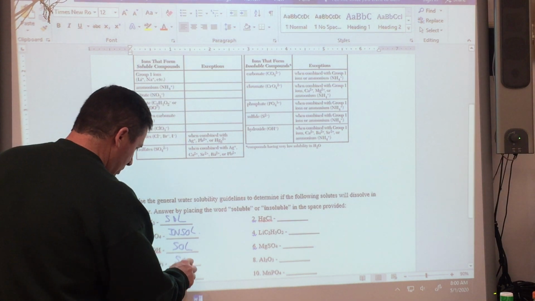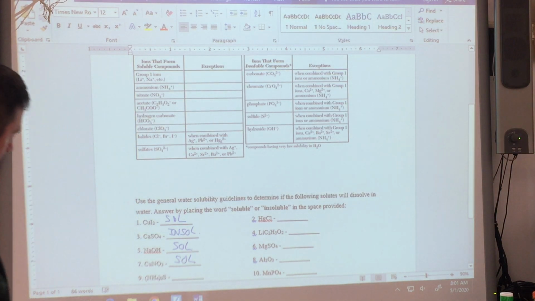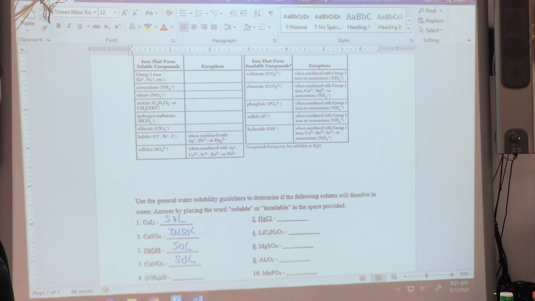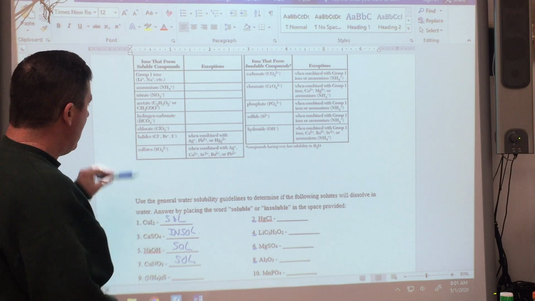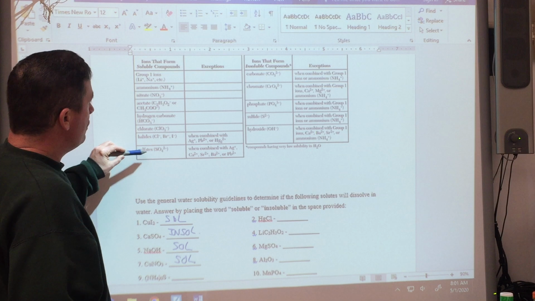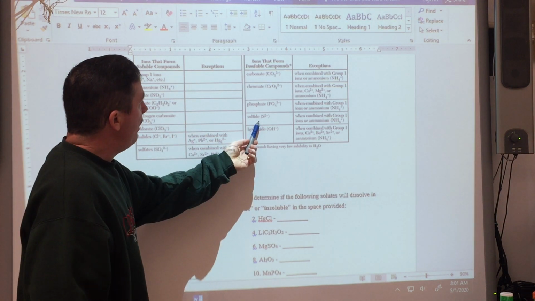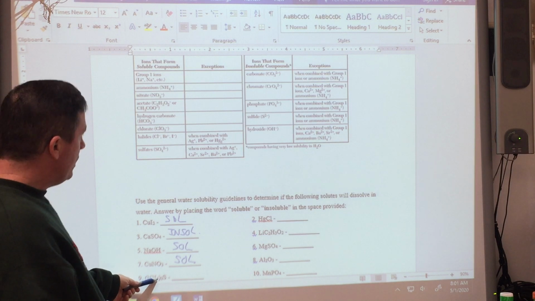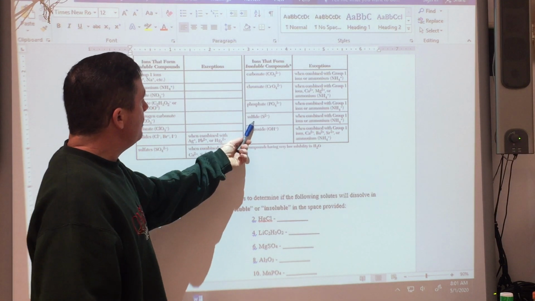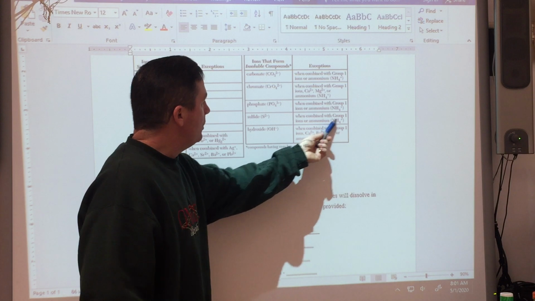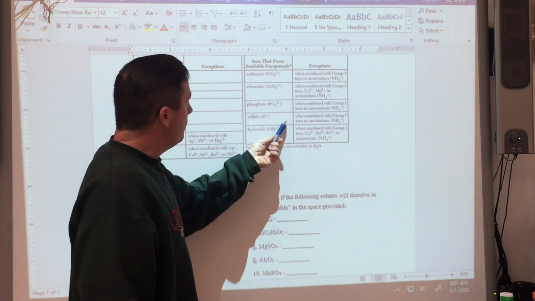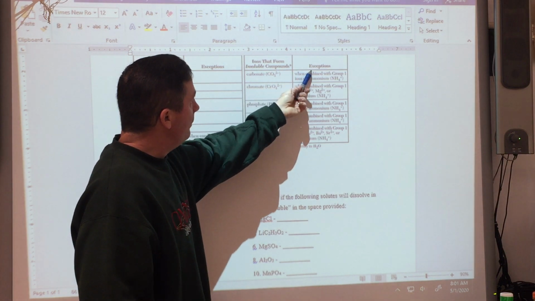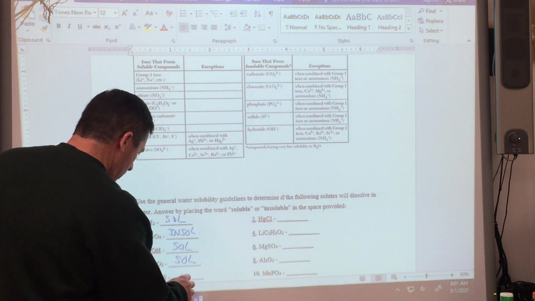So this is soluble. That says ammonium sulfide. So sulfides are not the same thing as sulfates. Sulfides are over here. Sulfides are insoluble, and ammonium is an exception. So when combined with group 1 ions or ammonium, this is an exception. So the exception here, insoluble, makes this soluble.